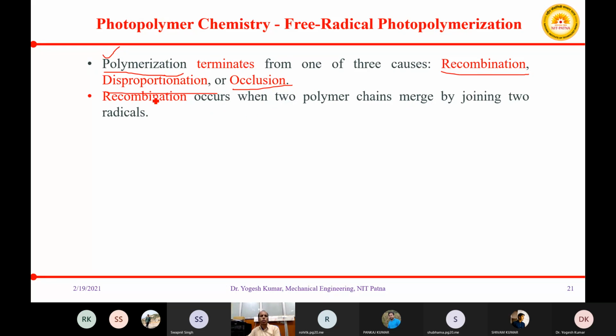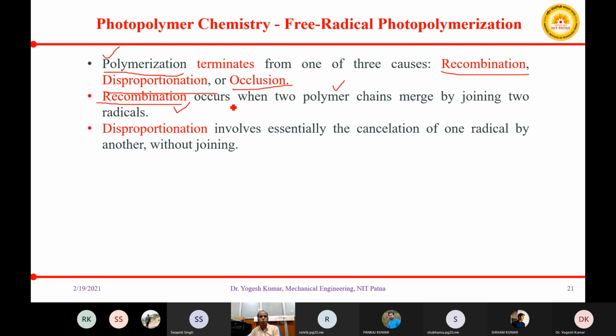This may sometimes result in termination of the polymerization process.